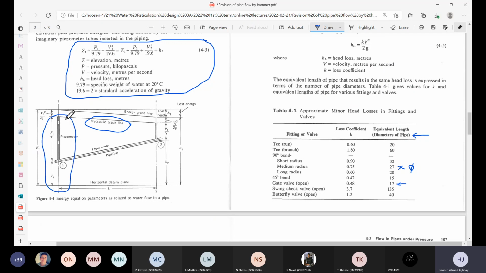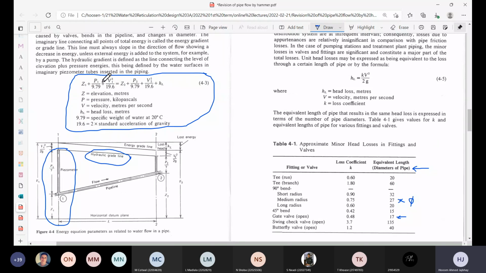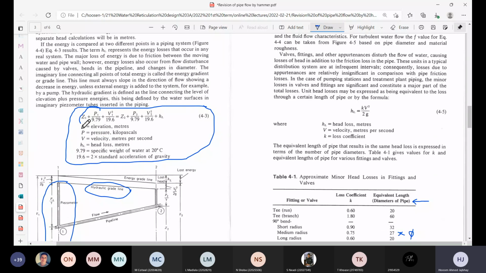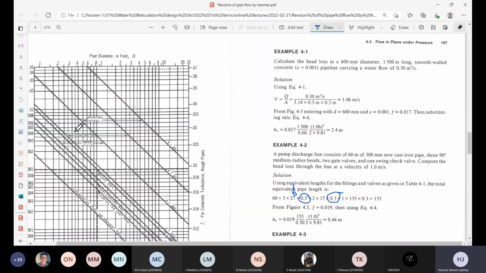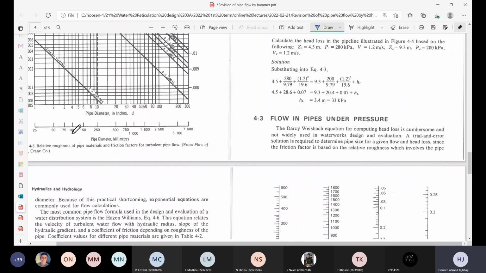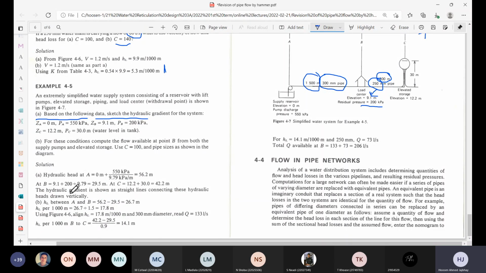So in that equation, we sum up those two terms at that point. So when we talk of the hydraulic gradient line, those are the terms that we need to sum up to get those values. So that's what's being done in this example here.